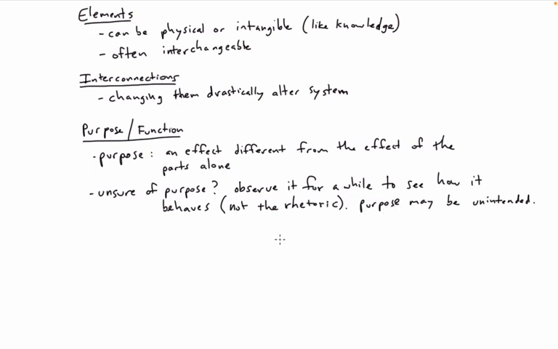So a poorly organized course may serve the purpose of frustrating the students. So we're gonna define that as the purposes of the system, like what actually happens, not what people want to happen.